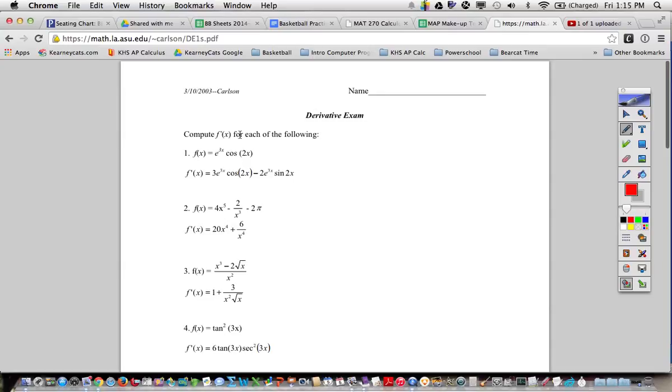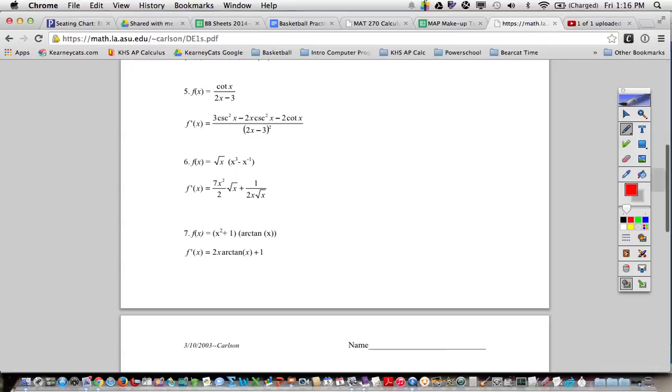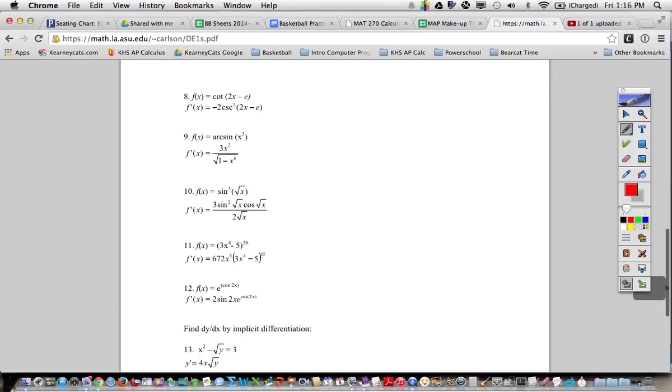Let's see, how hard would this test be compared to ours? There's a product rule. That's a pretty easy one. There's a quotient rule. Actually, you could simplify that one first. You could split that apart. You could do a little simplifying. There's a chain rule. That'd be very doable. There's a quotient rule. That's not bad. You can distribute that. Here's an arctangent, so we've had those. Cotangent, we just talked about an arcsine with something inside.